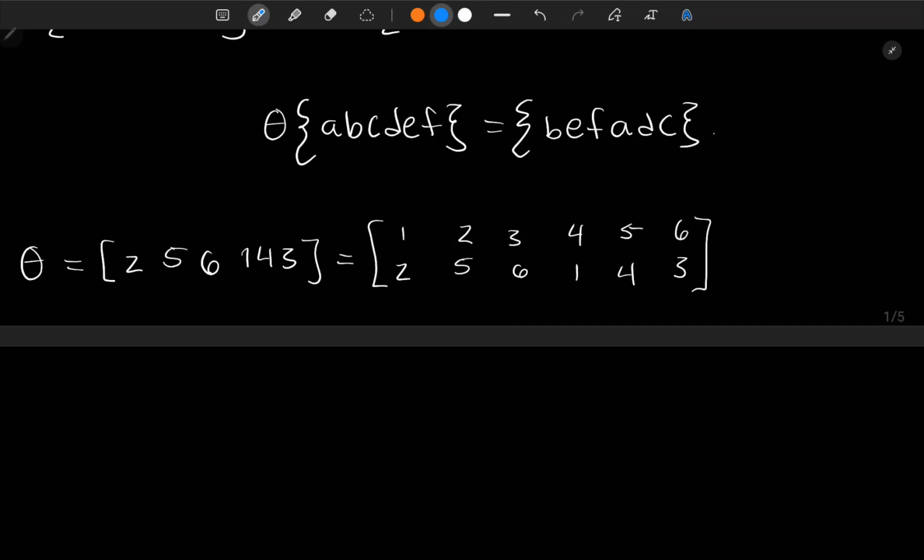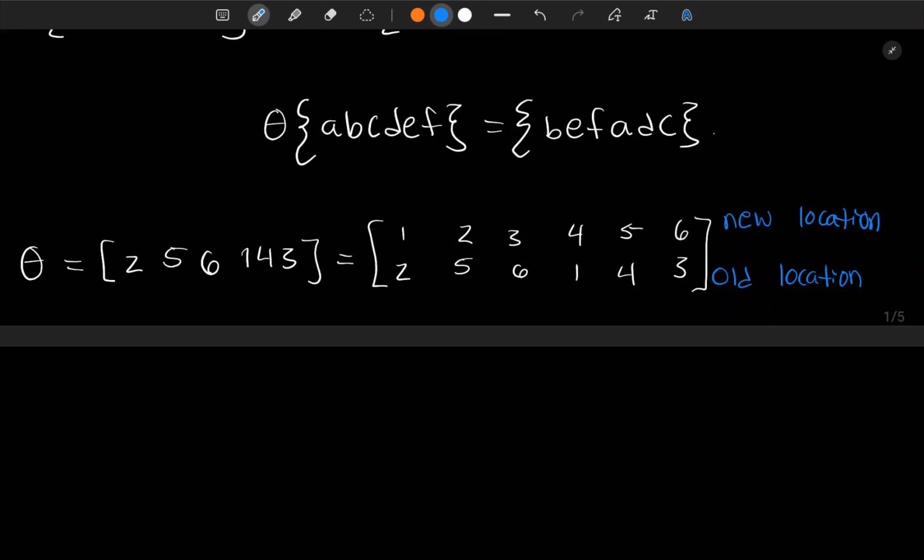And the way to read this is the following. The two-line notation is a little bit easier, just to start with, and you read it as follows. The bottom line details the old location of the ordered set, and the top line reads out the new location. And because the top line is inherent in the position of the bottom line, we can often just forego writing the top line at all.